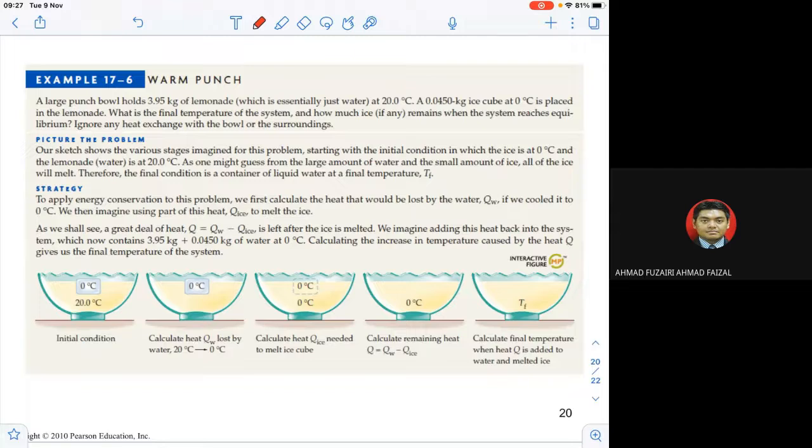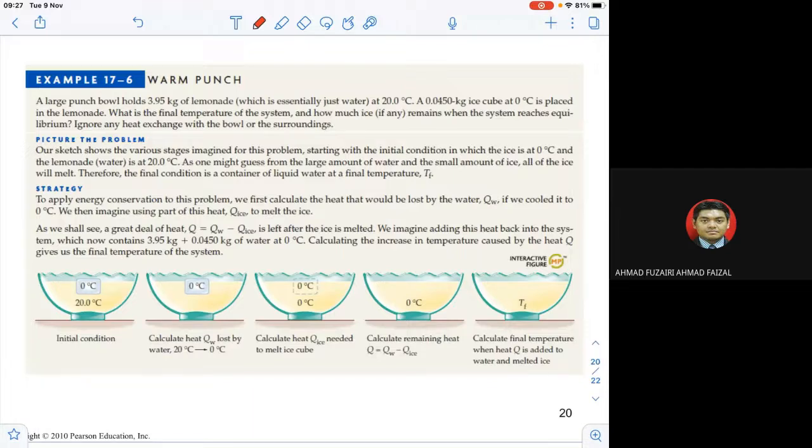A 0.045 kilogram ice cube at 0 degrees Celsius is placed in the lemonade. You take 0.045 kilograms of ice and put it inside the lemonade. What is the final temperature of the system, and how much ice remains when the system reaches equilibrium?